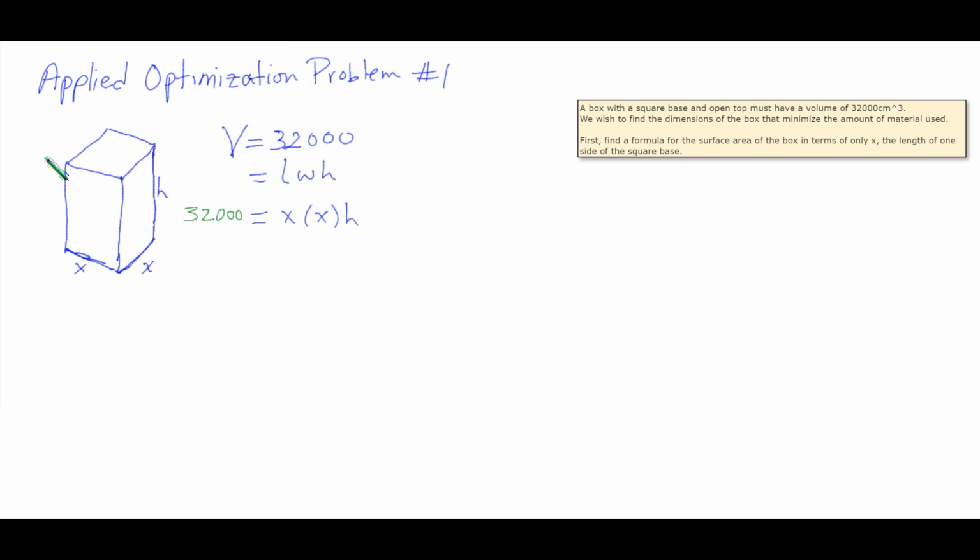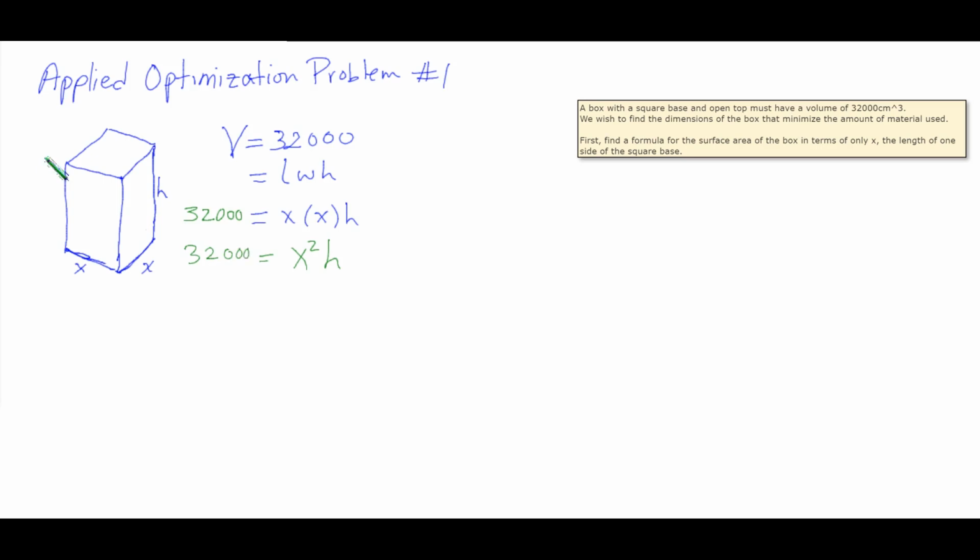If you notice, all I have to do is solve this equation for h. All I have to do is divide both sides by x squared, because x times x is x squared, so this is going to be x squared times h equals 32,000.